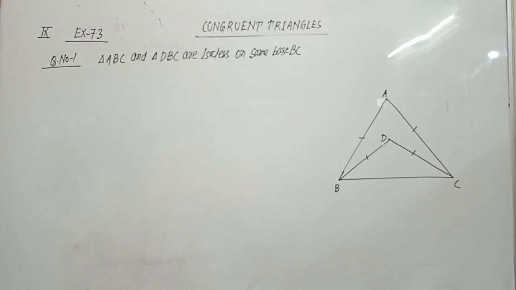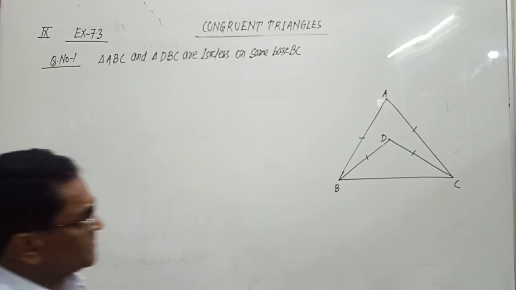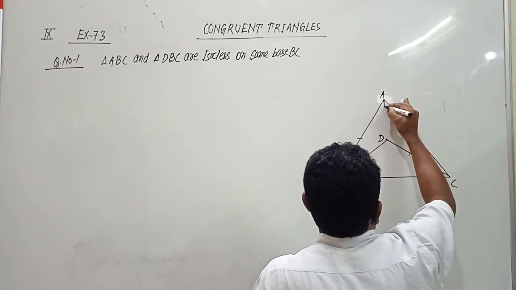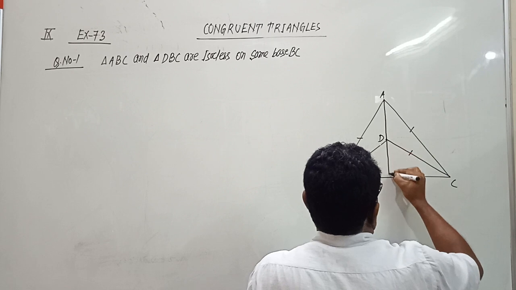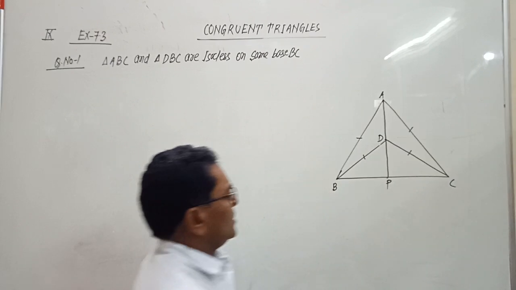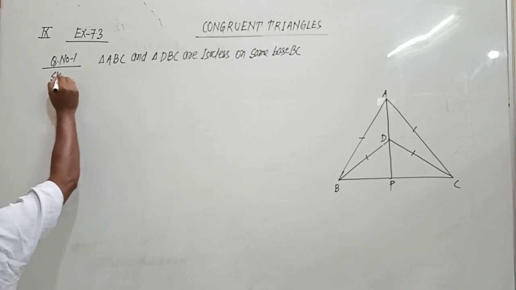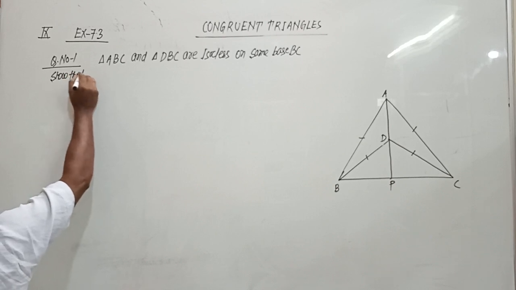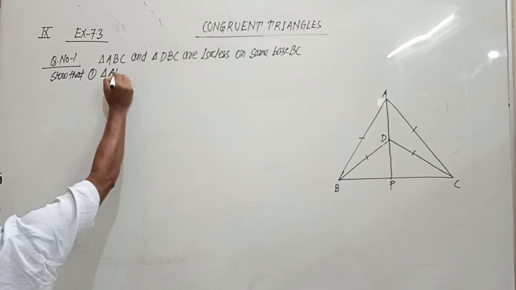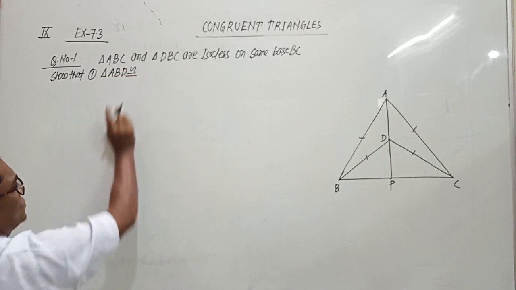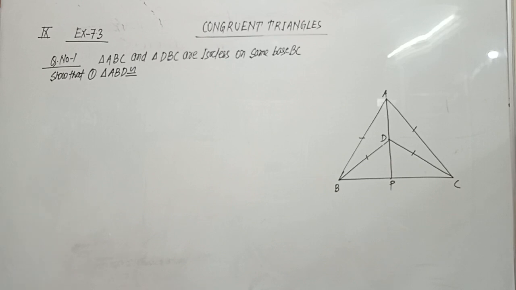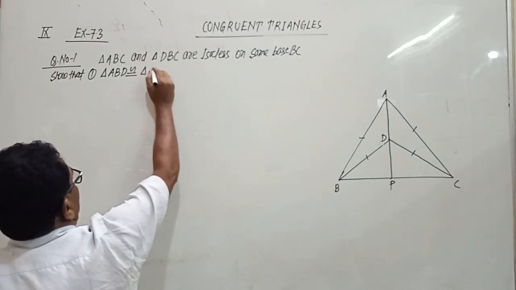If AD is extended to intersect BC at P, then show that triangle ABD is congruent to triangle ACD.